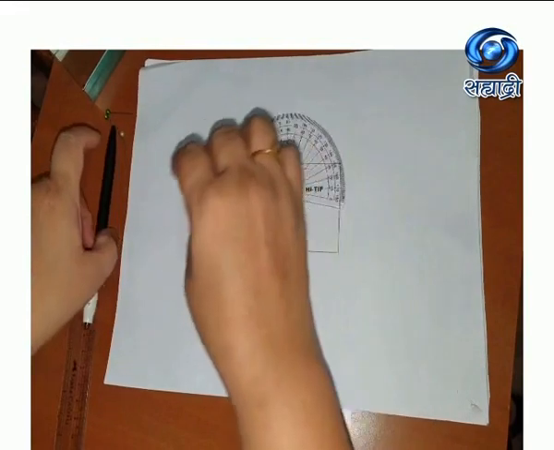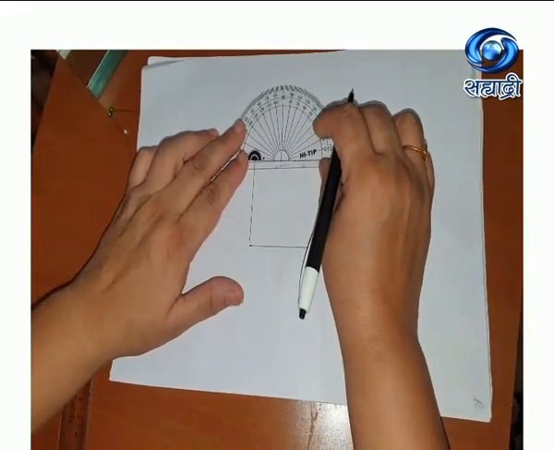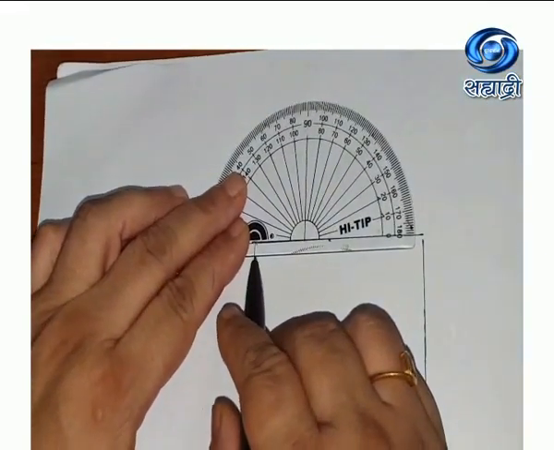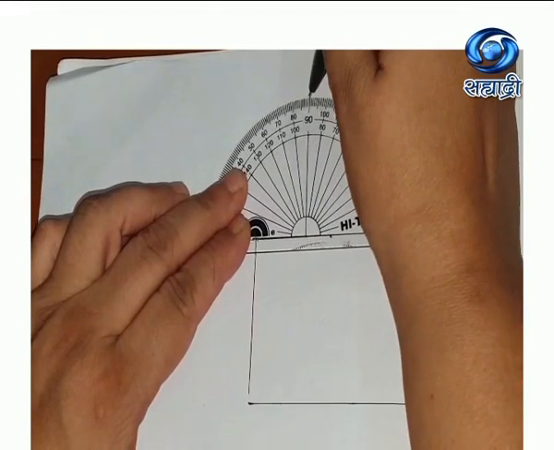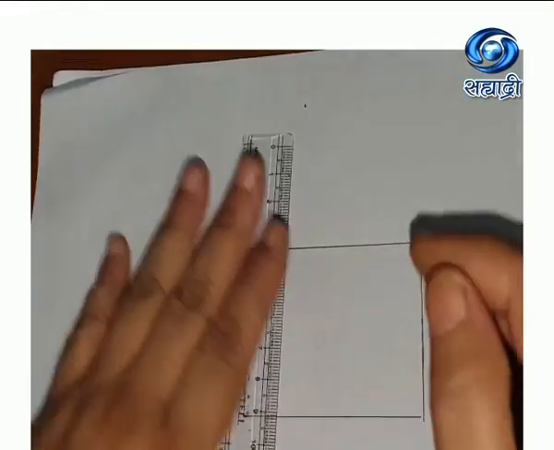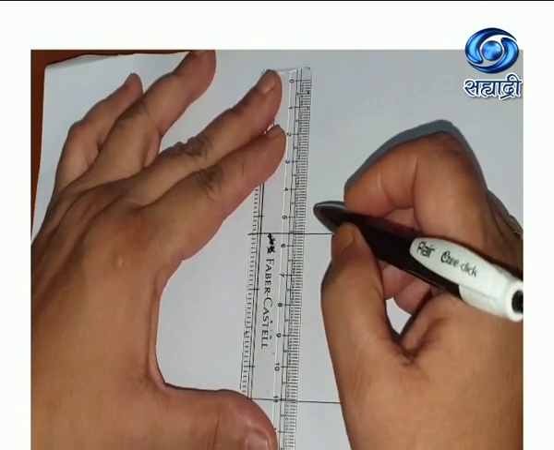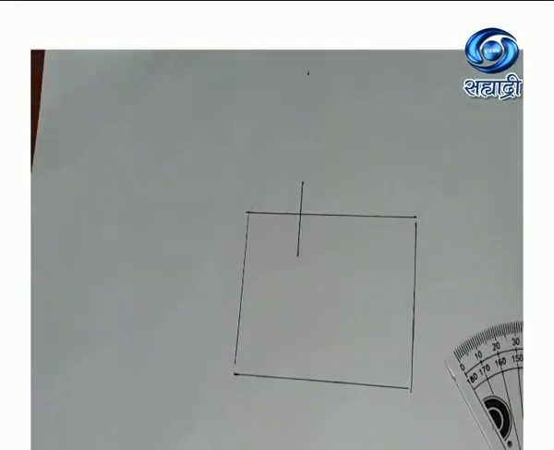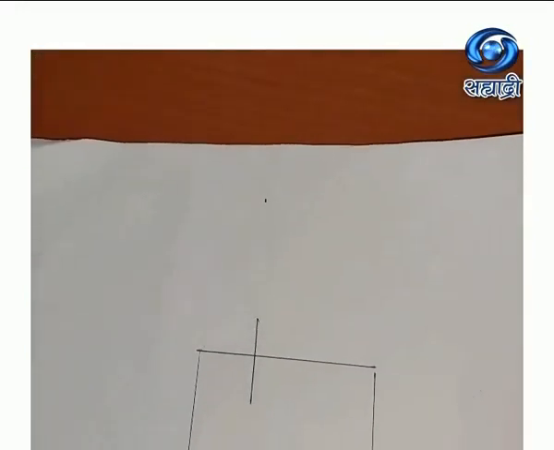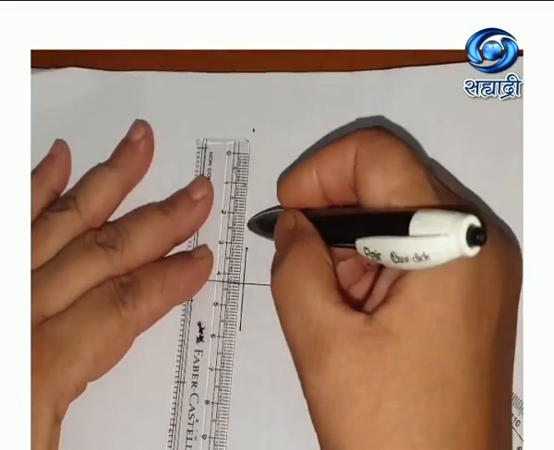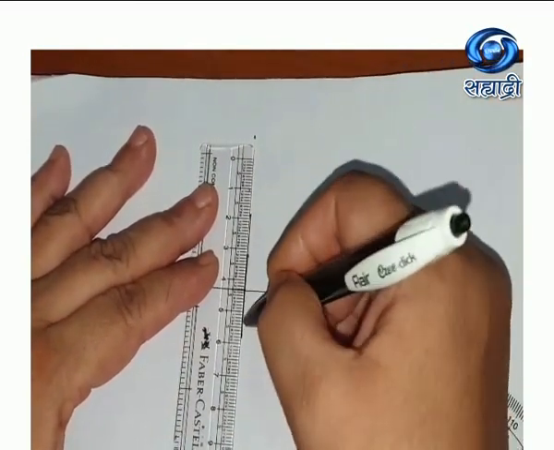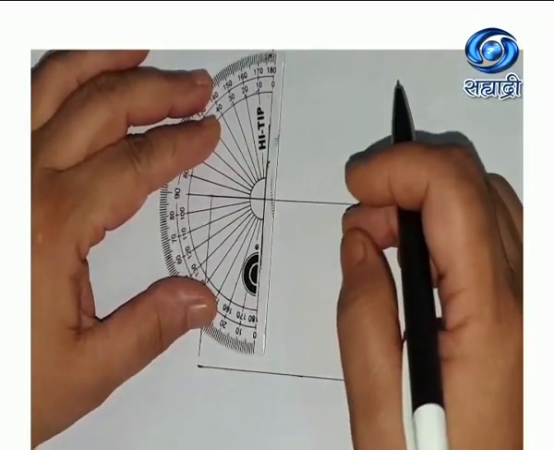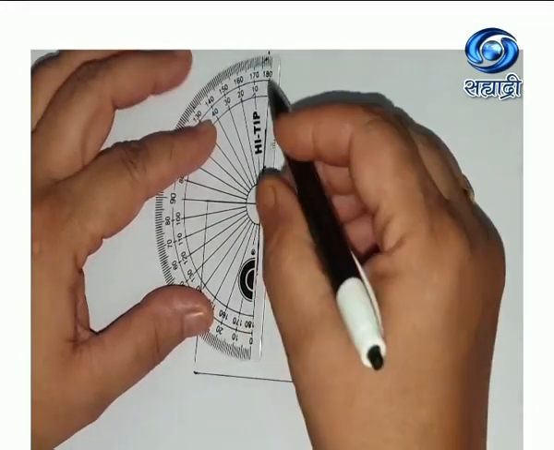Then take a protractor and draw a 90-degree angle about 2 centimeters from the left edge of the glass slab. So this is the normal. Then mark a 30 degree angle from the normal.